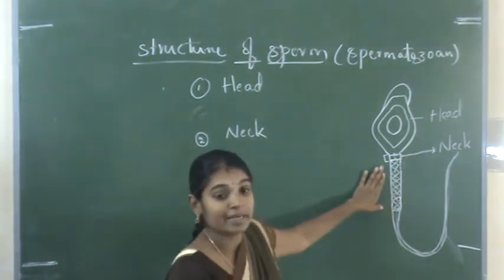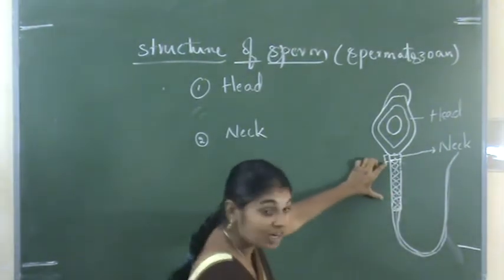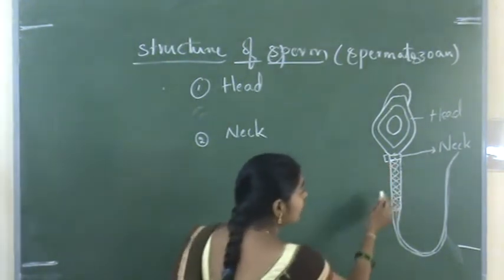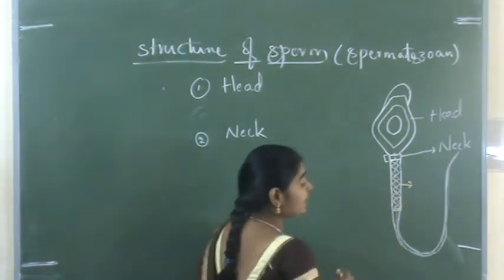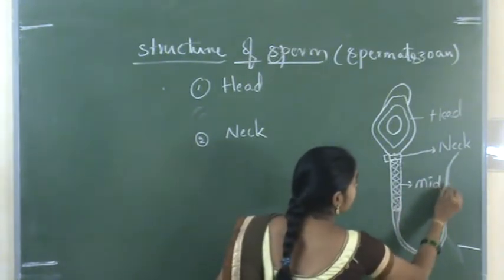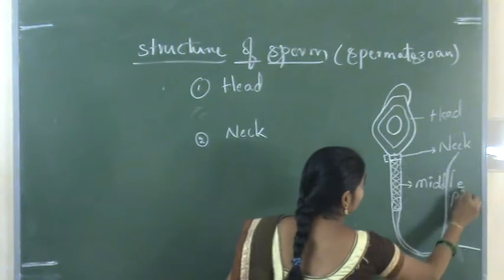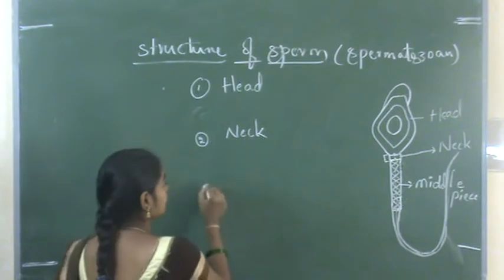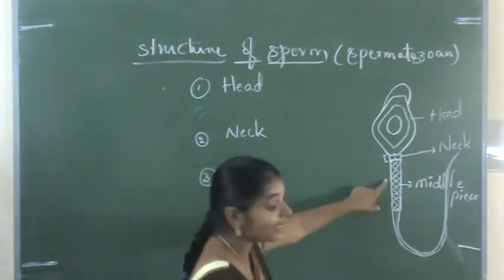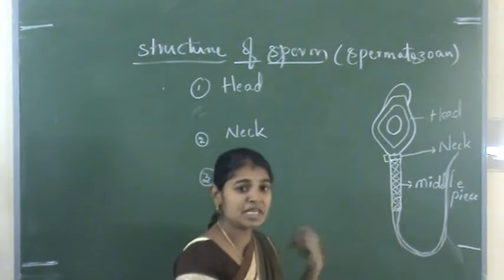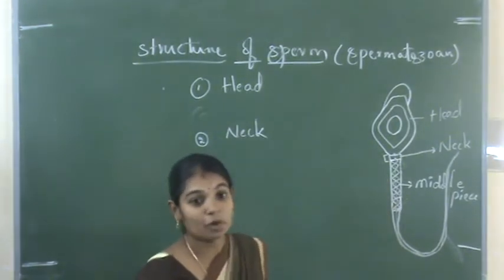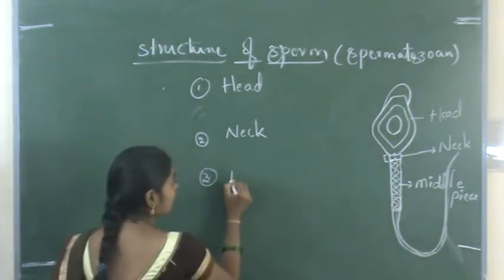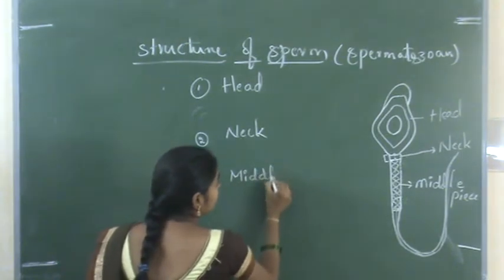And the third one, which is somewhat broader and longer, is known as the middle piece. The third part, the middle piece, contains a large number of mitochondria which provide energy for the motility of the sperm.